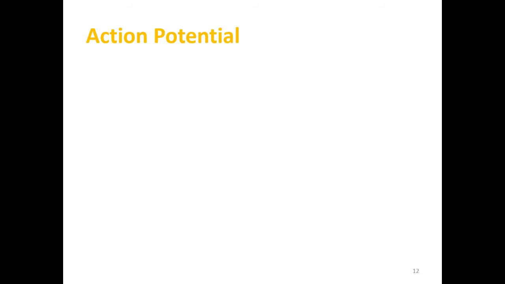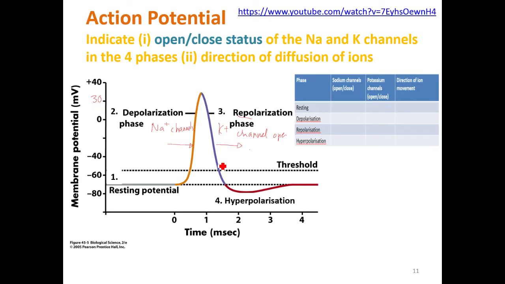Eventually, the potassium channels will close. So something around here, they will start to close. And because they take some time to close, for a brief period of time, the membrane potential will actually drop below minus 70 towards a value of minus 80. We say the membrane now is hyperpolarized, more negative than at rest.